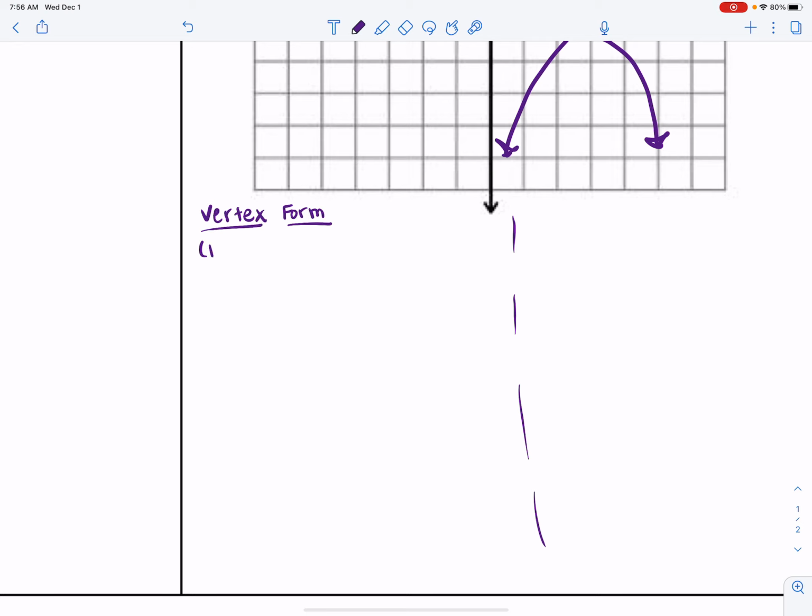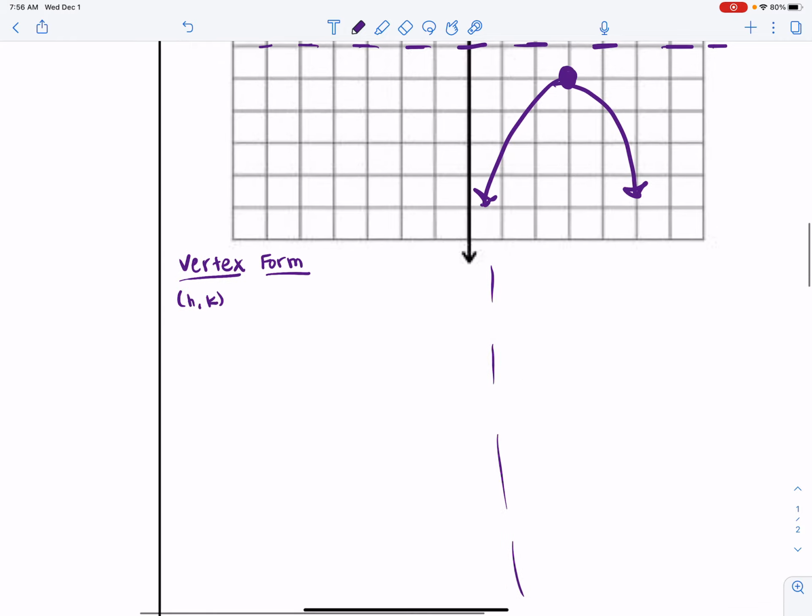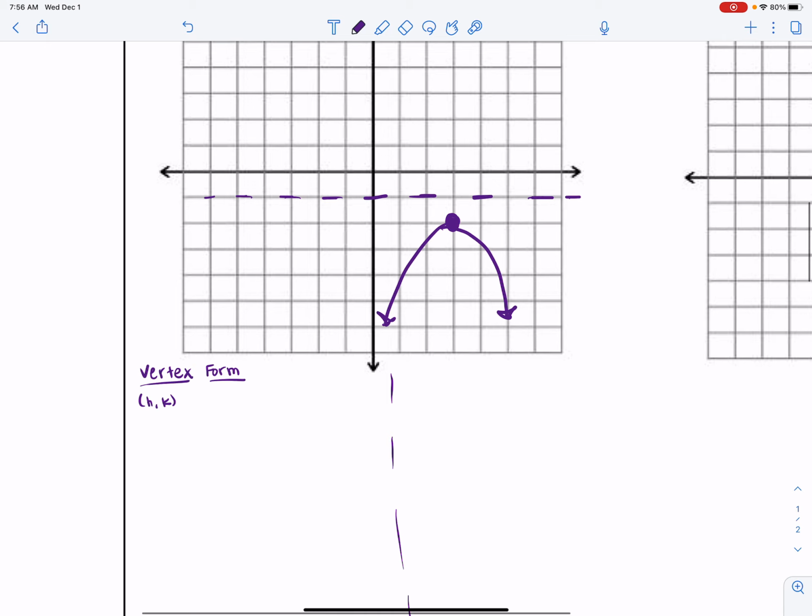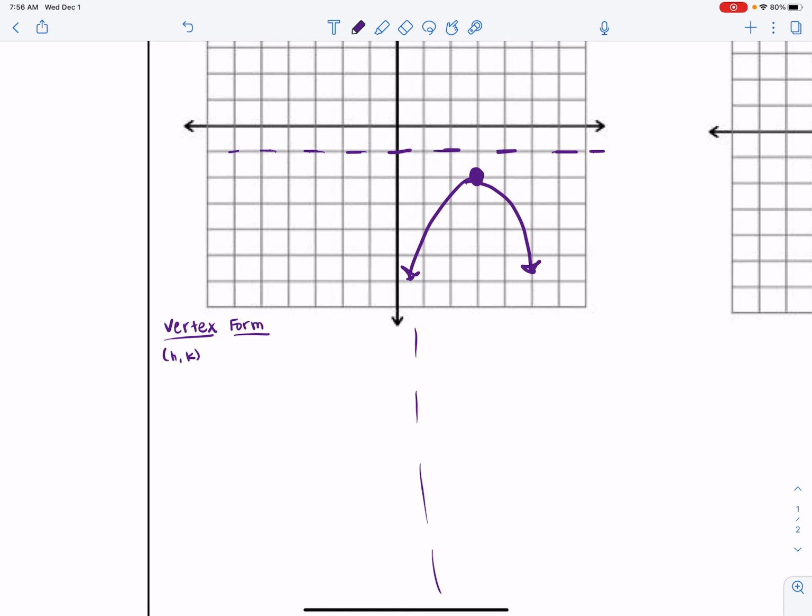So we need h, k, and we also need P. (h, k) is our vertex, and our vertex was given at (3, -2). Okay, P is a negative number because our graph opens down, and it's 1 because the distance in between the directrix and the vertex is 1, okay?